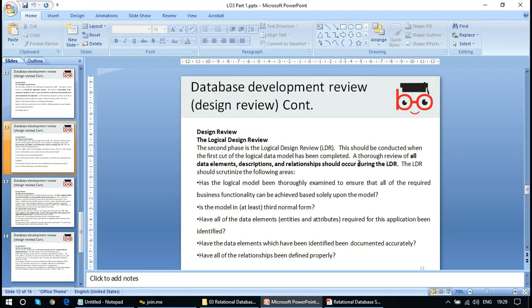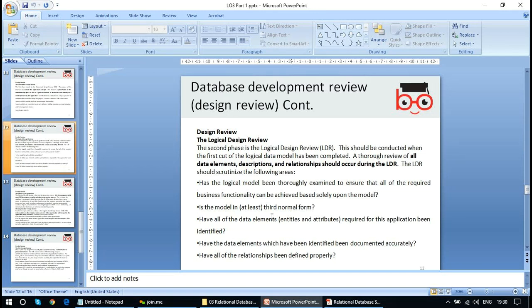Then the logical design review, that's the second phase. This should be conducted when the first cut of the logical model has been completed. A thorough review of all data elements, descriptions and relationships should occur during the logical design review. This asks whether the logical model has been thoroughly examined to ensure that all of the required business functionality can be achieved based solely upon the model. So you are going to make a logical model, review it, and check that the model is in at least the third normal form.